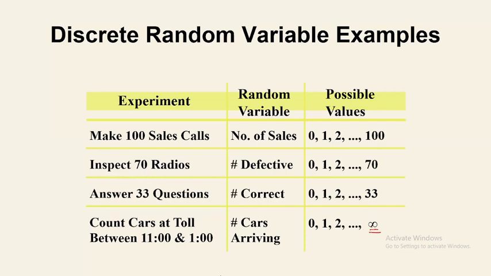In this case, these numbers are countable. We can count 0 cars, 1 car, 2 cars, but we cannot say a finite number. The maximum number we don't know. So in this case, an infinite number of values are there, but it is countable, right?